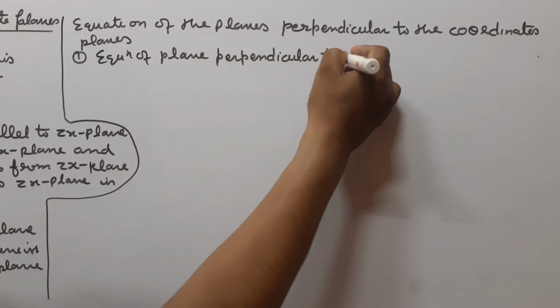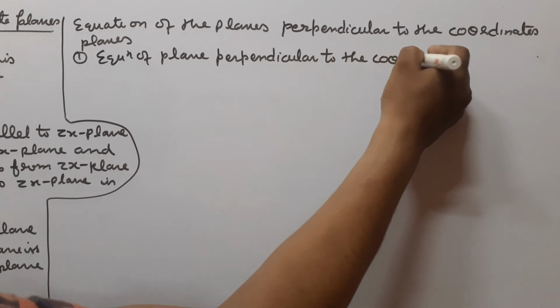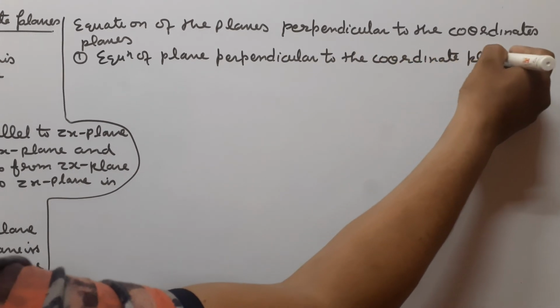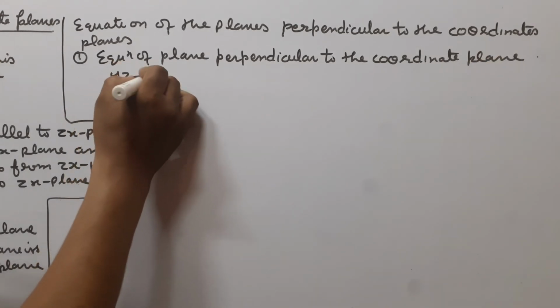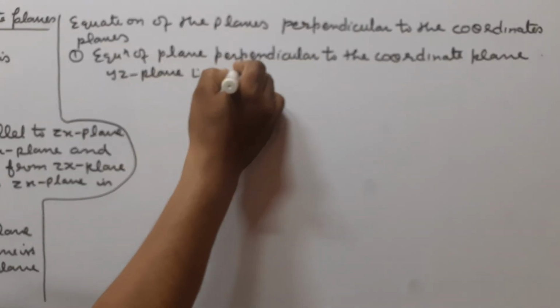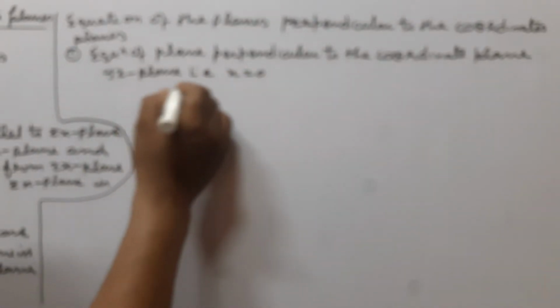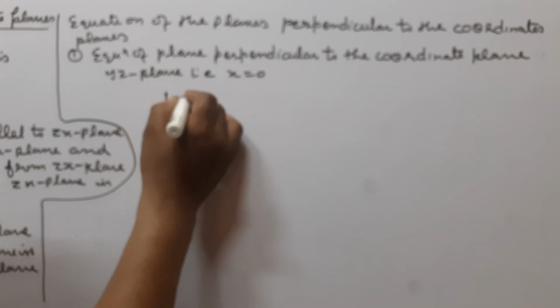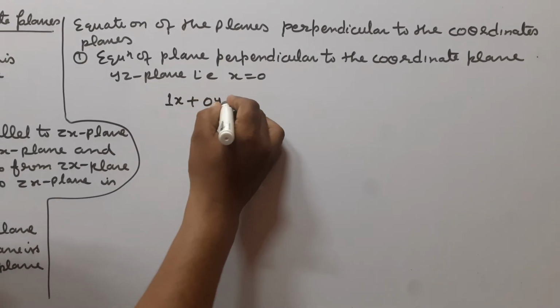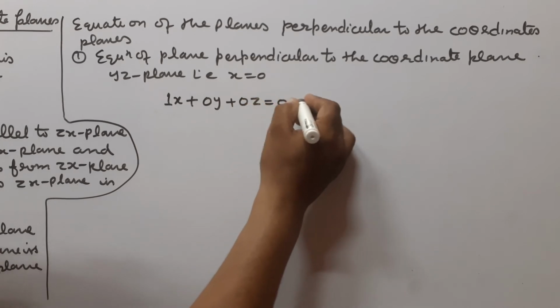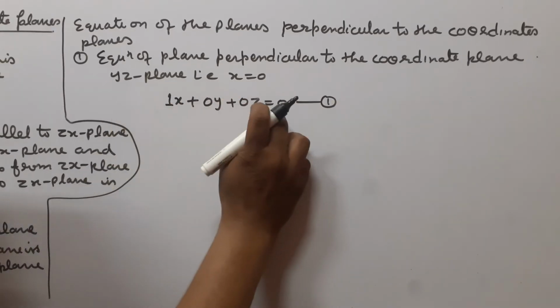We know that the equation of the yz plane is x equal to 0, and we have to find the equation of the plane which is perpendicular to the coordinate plane x equal to 0. So x equal to 0 can be written as 1 multiplied by x plus 0 multiplied by y plus 0 multiplied by z is equal to 0. This is the given yz plane.